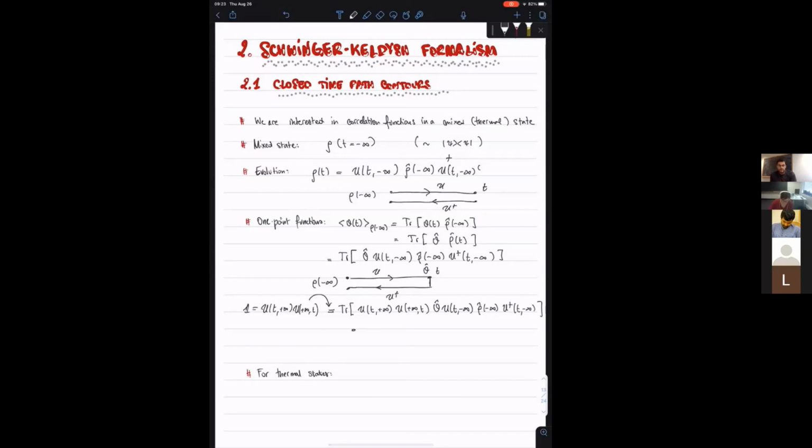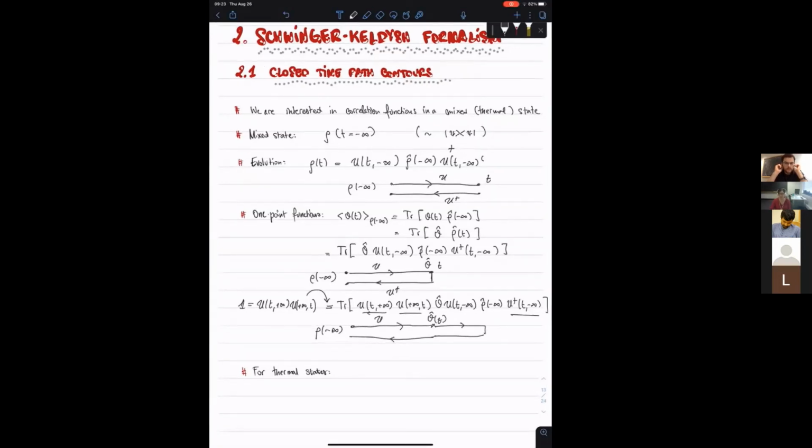So pictorially, this means that we can take this evolution, and past the point of insertion of the operator, we can always extend this contour all the way forward to infinity. So this will be this part of the evolution, and then backwards here, and then back to where the initial state is defined. Okay, so this will be t equal to plus infinity.